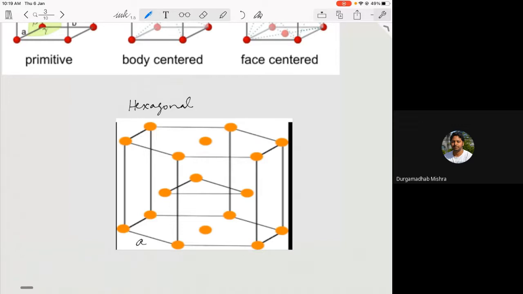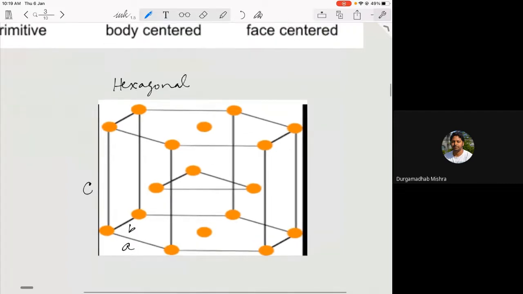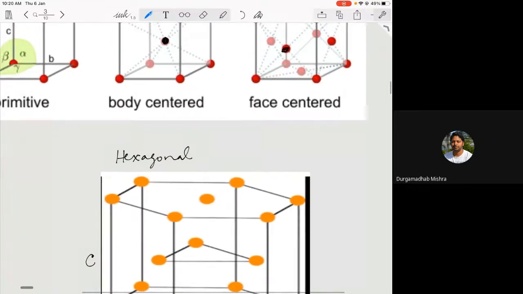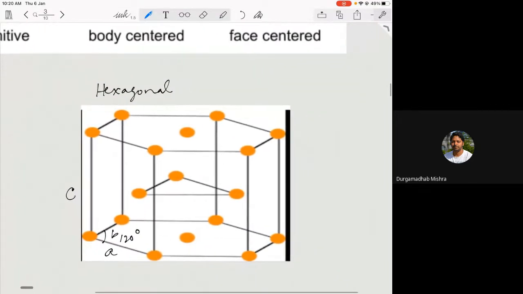This is A and B, and this is your C. Then you have a certain angle here which is 120 degrees. If you look at a cube, the angle will always be 90 degrees, of course, but in a hexagon the angle is different, and you have an elongation along the C axis or the Z axis. So this is another type of lattice.